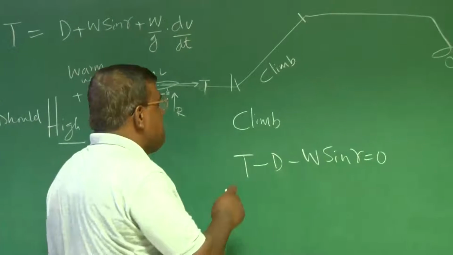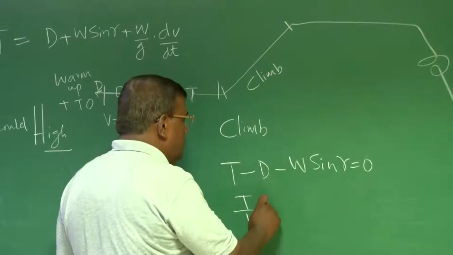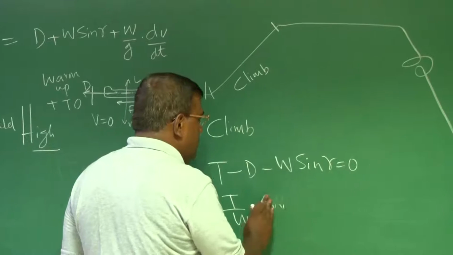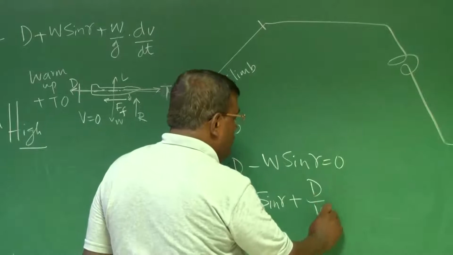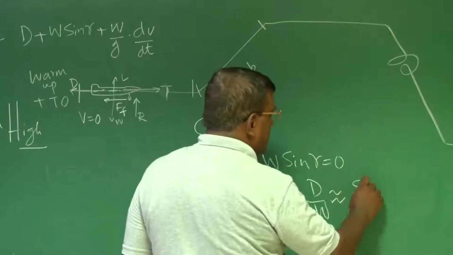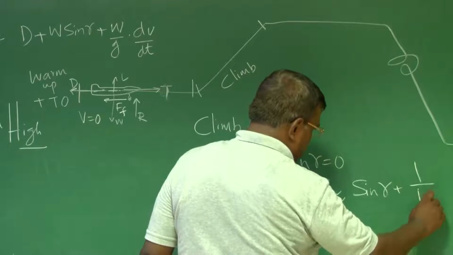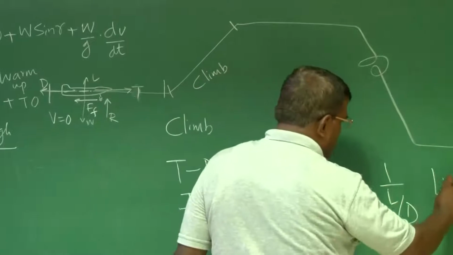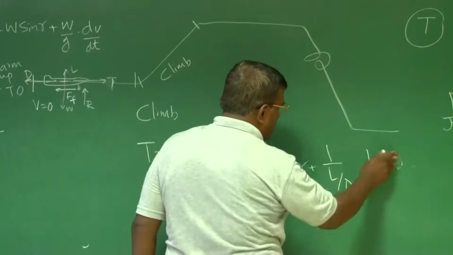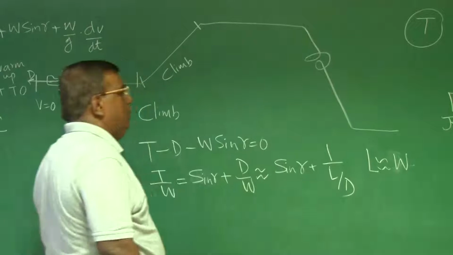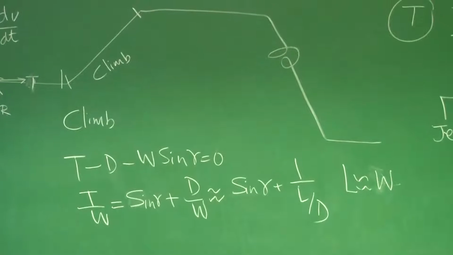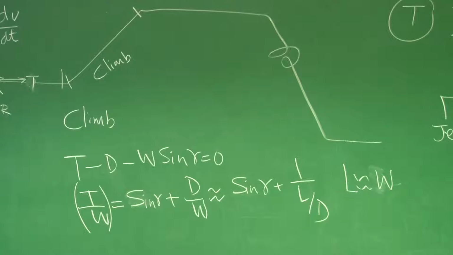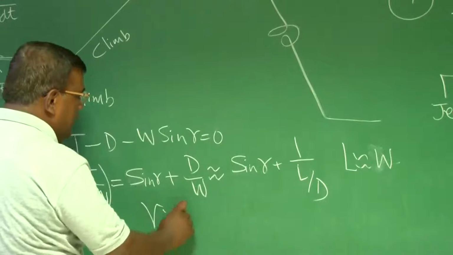So here you see T/W is equal to sine gamma plus D/W, as W gets cancelled, which roughly I can write as sine gamma plus 1 by L/D. I am assuming lift is equal to weight, gamma being small. So what is the message? The message is how much T/W you require will be decided by the climb angle you want.